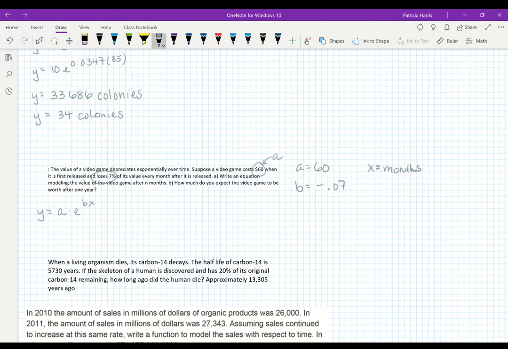So putting that together, my equation would be y is equal to 60 e raised to the negative 0.07 x, where x is time in months and y is the current value of the video game.